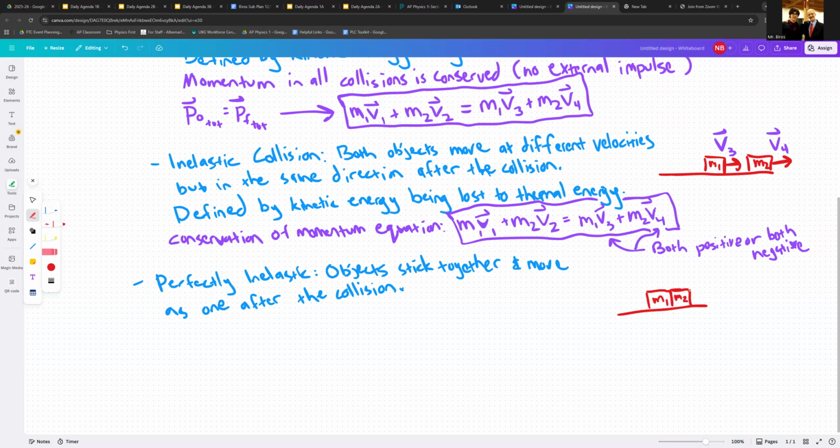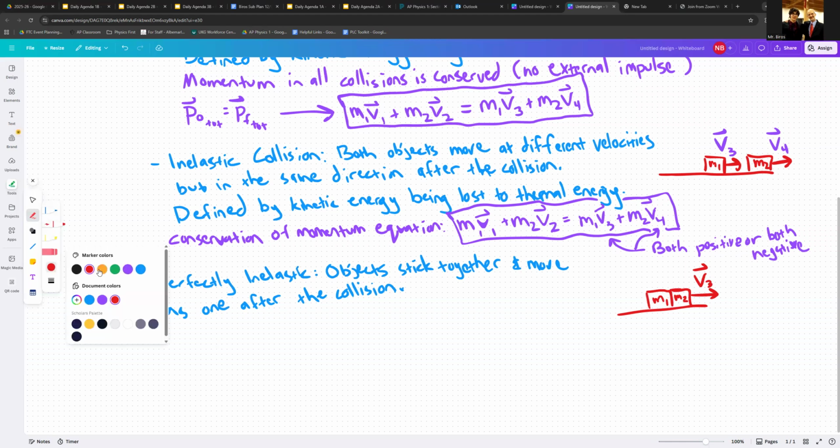Okay. And they both have one single velocity because they're now stuck together moving like they're a single object. So we don't have two separate velocities here, right? We don't have V3 and V4. We just have one, and we're just going to call it V3.